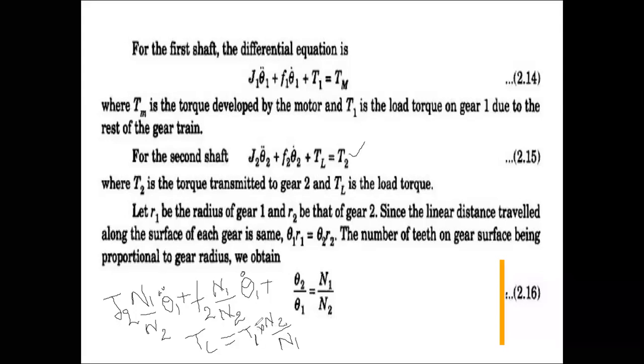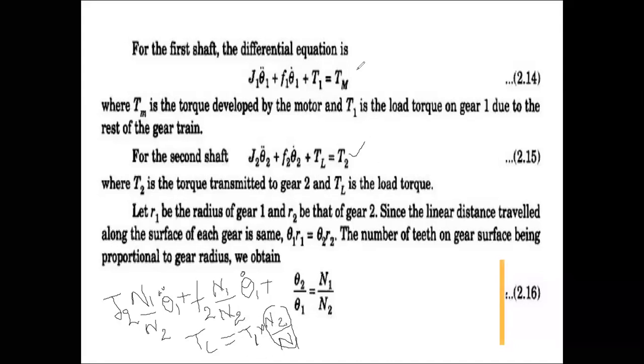Now let us take only T1. This part you take to the left side. What you are going to get? T1 equal to J2 into N1 by N2 whole square theta 1 double dot plus F2 into N1 by N2 whole square theta 1 dot plus N2 by N1 by N2 into TL. That is the equation I can get for T1.